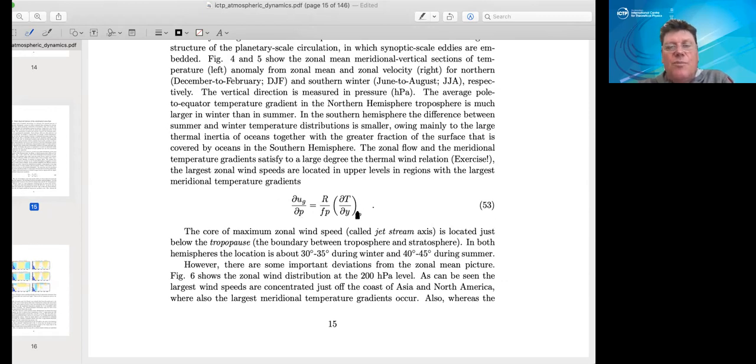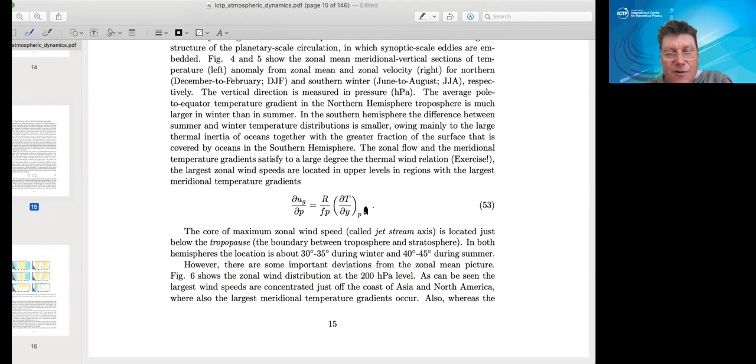This is just for one component, which is relevant for the fields that we are looking at here. So whenever we have a meridional temperature change or gradient, we have to have that our winds are changing with height in such a way that in our case, when this temperature gradient is negative, then the wind has to decrease with pressure or increase with height, which is exactly what we have seen in the jet streams in these mid-latitudes that we have seen.